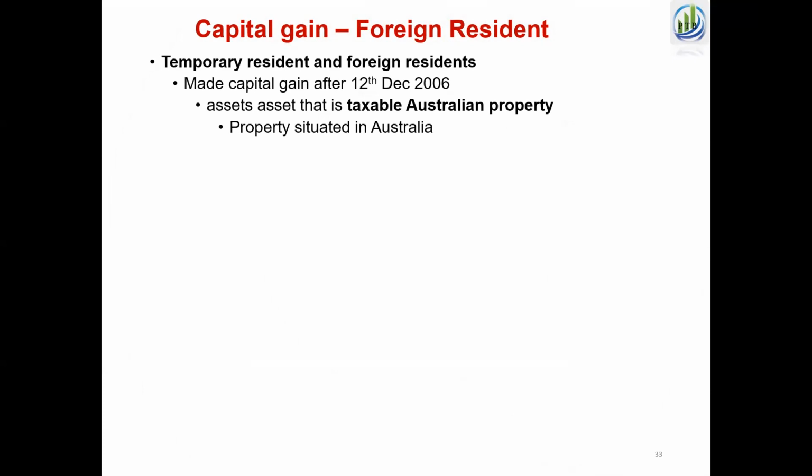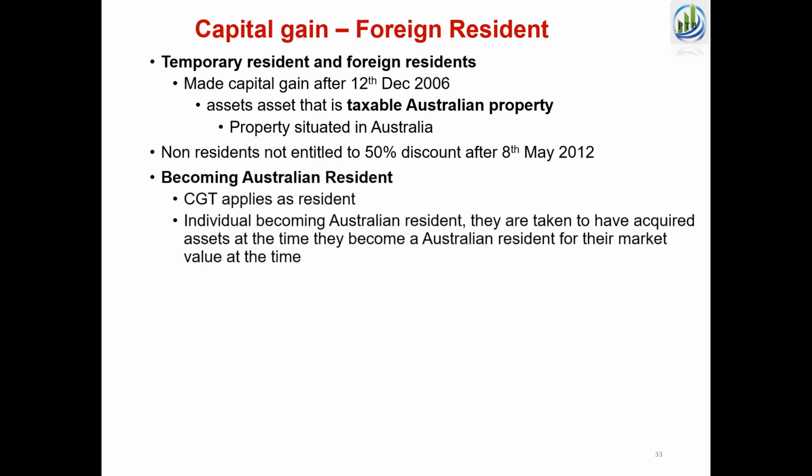There's a special rule: if you purchase a property in Australia and sell it, no matter whether you are a resident, a non-resident or a temporary resident, you're required to report the capital gain. Non-residents are not entitled to the 50% discount after 8th of May 2012, a long time ago, right? So when you prepare now, they are not discounted.